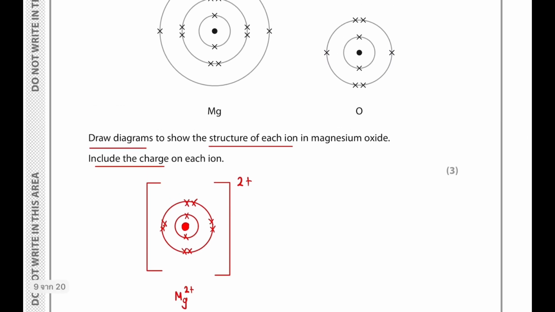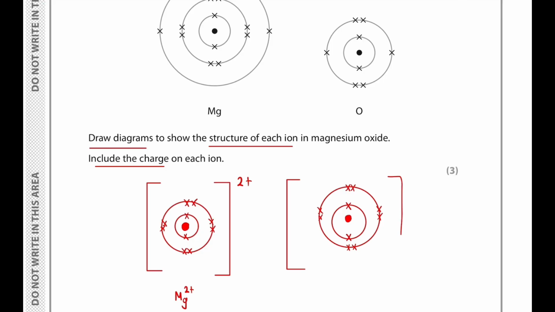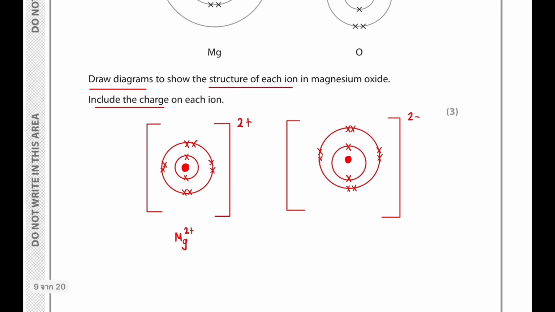And then for oxide, we have nucleus, and we have first shell and second shell. 2 electrons in the first shell and 8 electrons in the second shell. And then the charge will be 2 negative. So this is the charge for the oxide ion.